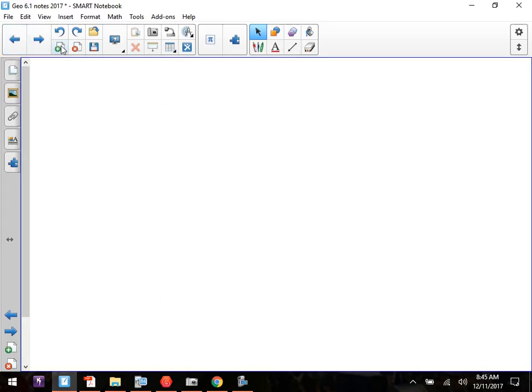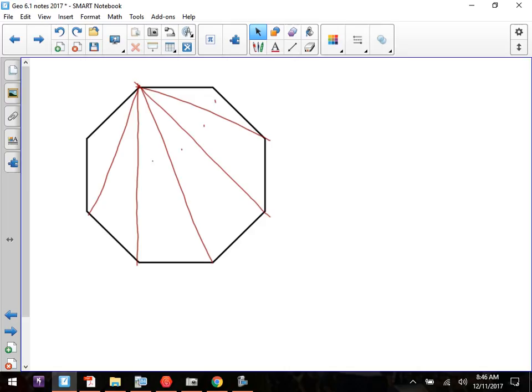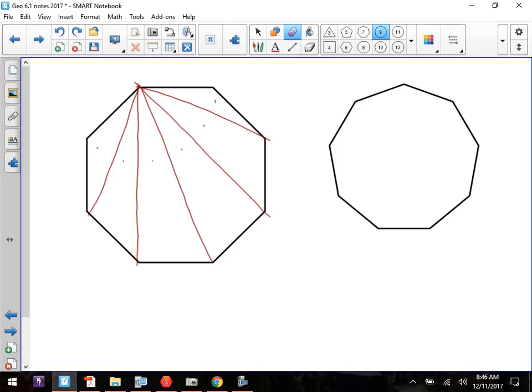If I go to an 8-sided one, how many triangles do you think you're going to have? 6. Yeah, you're going to have 6 of them. With 8 sides, you'll have 6 triangles. 1, 2, 3, 4, 5, 6. If you have a 9-sided figure, how many triangles are you going to have? 7. What's an 8-sided figure called again? What's a 9-sided?